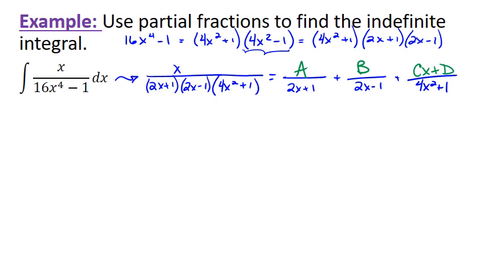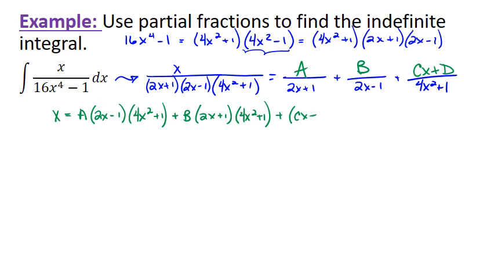So I'm going to multiply everything by this denominator, and I will get the following. X is equal to a times 2x minus 1 times 4x squared plus 1 plus b times 2x plus 1 times 4x squared plus 1 plus c times, cx plus d times 2x plus 1 times 2x minus 1.